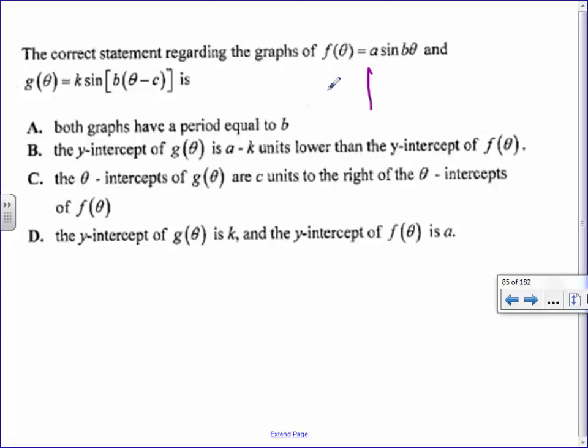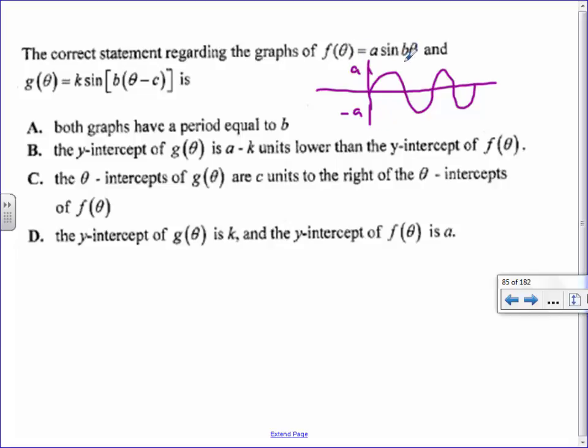On this graph right here, you have a sine graph. What does a sine graph normally look like? Well, it normally looks roughly like this. What would this a value do to the graph? What does this leading coefficient do to a sine graph? Yeah, so it makes it so that it goes as high as a and as low as negative a. I don't know how tall or short it is, but it goes from a to negative a.